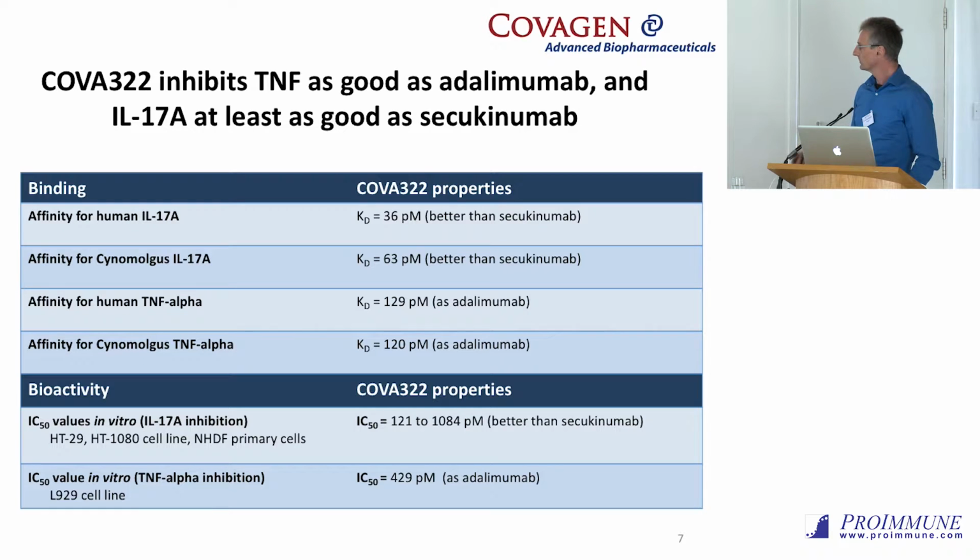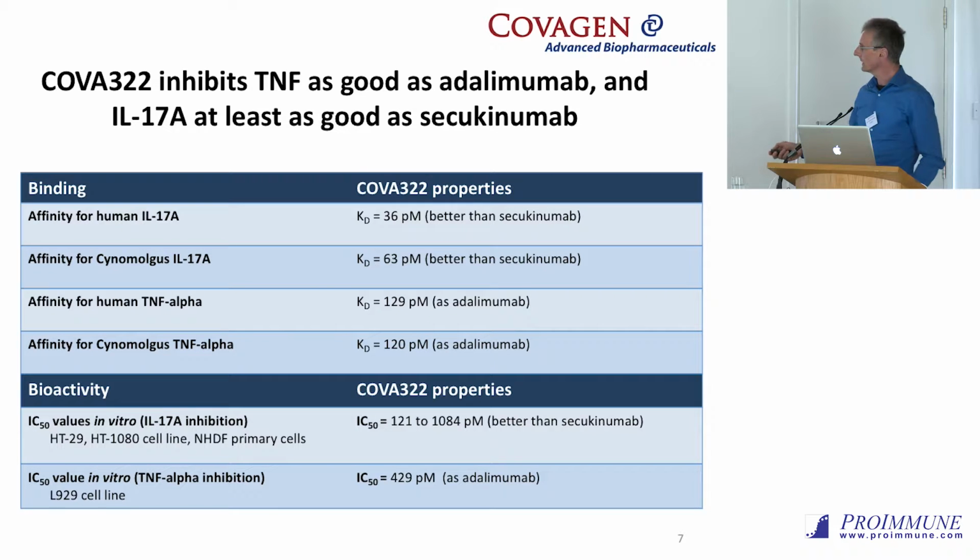If you look at just the binding constants, the KD values, we are in the picomolar range, and with respect to IL-17, this molecule binds approximately 2 to 3-fold stronger as compared to secukinumab, and with respect to TNF binding, we are in the same range as adalimumab, which you would expect because adalimumab is our backbone.